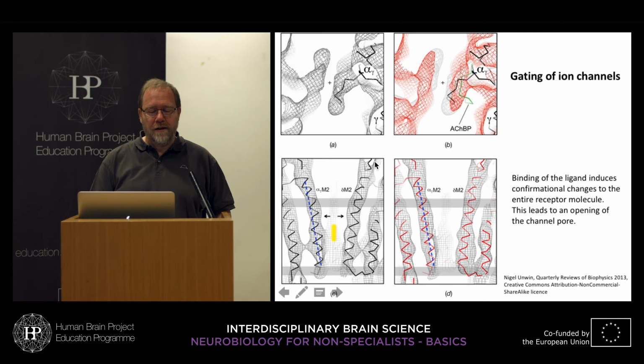The similar thing you see down here, just on a larger scale. We have a widening of the pore, and this physical widening of the pore now allows ions to pass through.